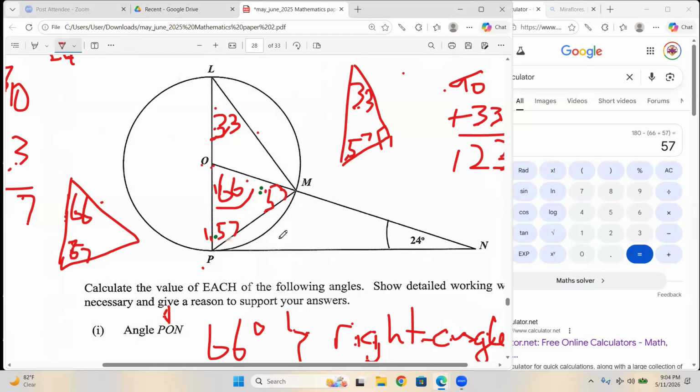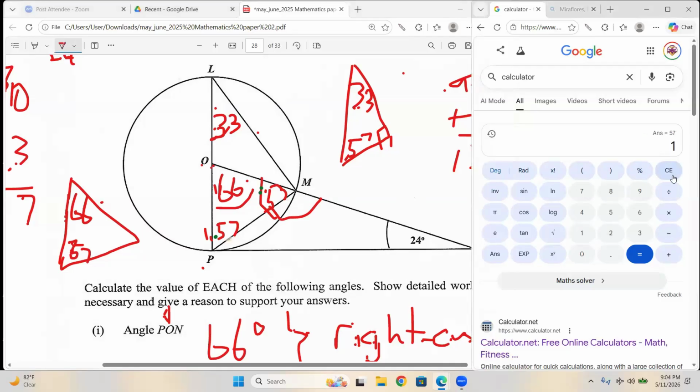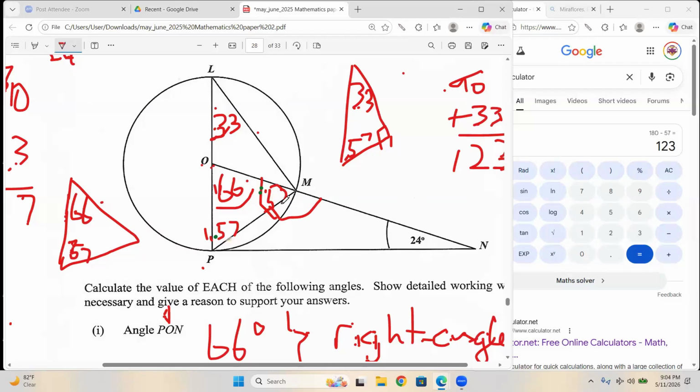So this is 57, and this angle is on a straight line. 180 take away 57, we'll get 123. So this angle there is 123. Angles on a straight line.